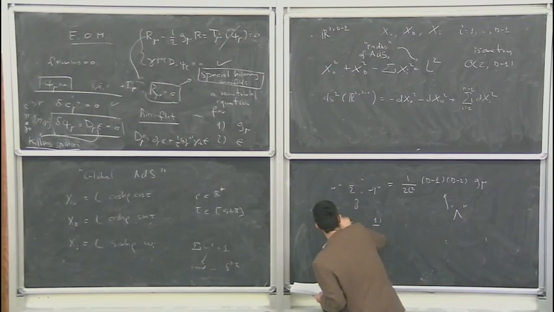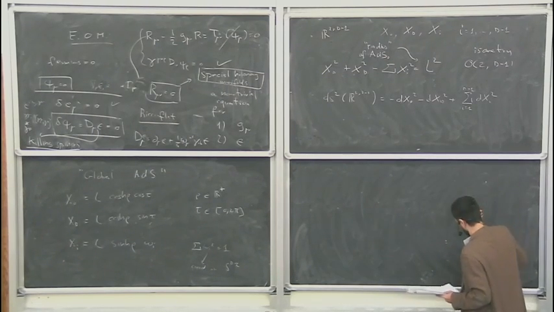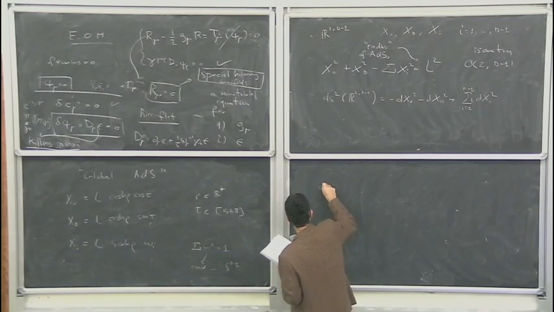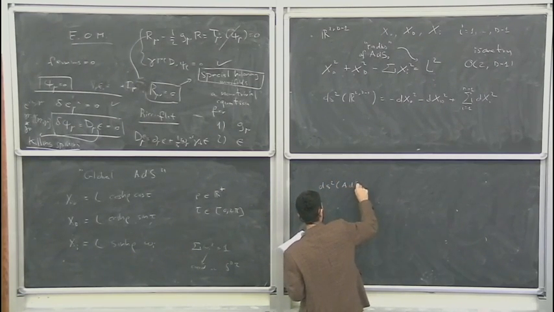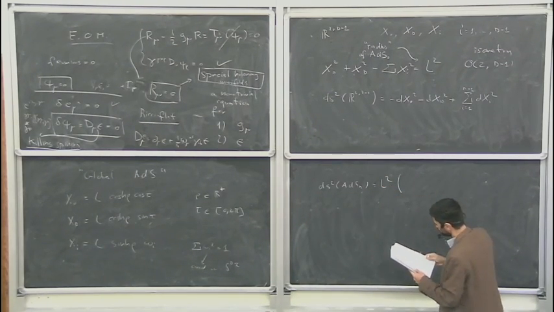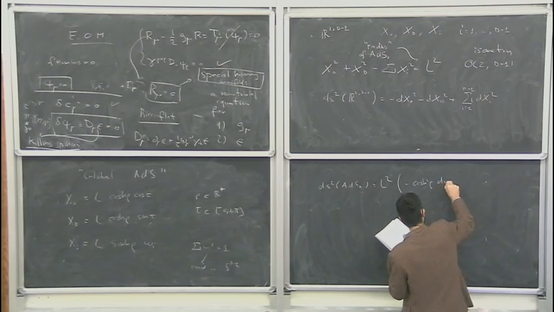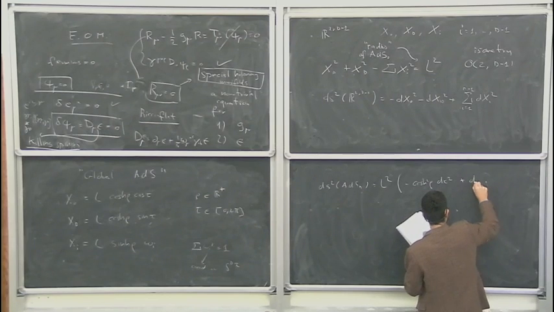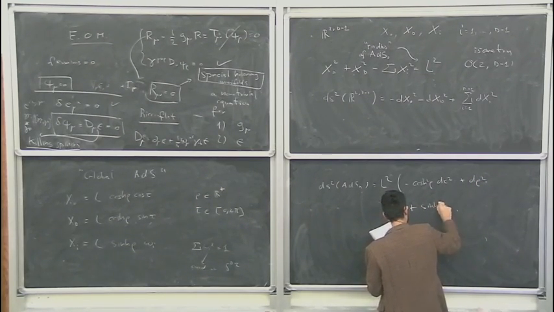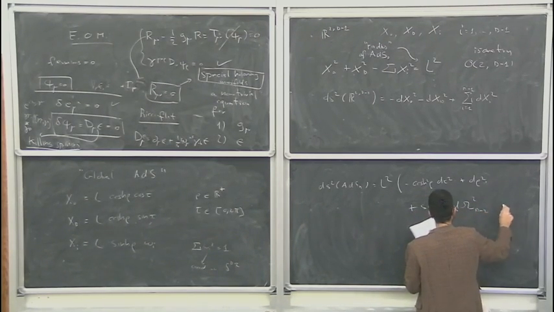It is completely trivial to find out the metric in the rho and omega coordinates, and this is given by ds squared of anti-de Sitter_d has this overall factor of L squared times minus cosh squared rho d tau squared plus d rho squared plus sinh squared rho d omega squared_(d-2).